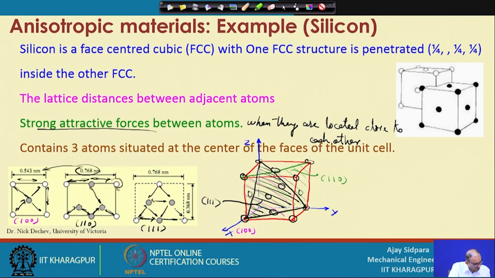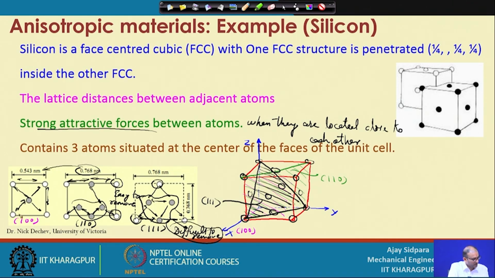Whatever is located here, these atoms are easy to remove, and whatever is located here, this one and this one, these are difficult to remove, whether by etching or by some type of machining operation.